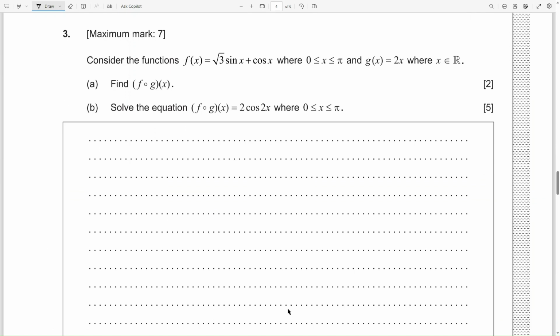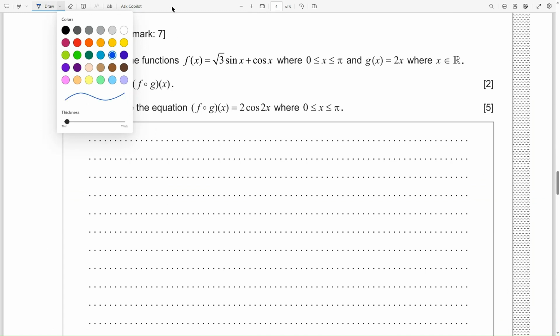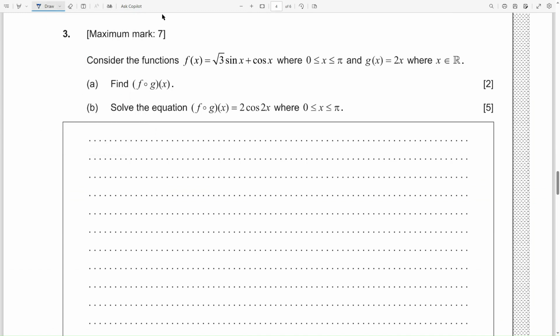Okay, consider the functions f of x is equal to square root 3 sine x plus cos x, where x is between 0 and pi. g of x is equal to 2x, and x is a real number for that. Find the composite function.